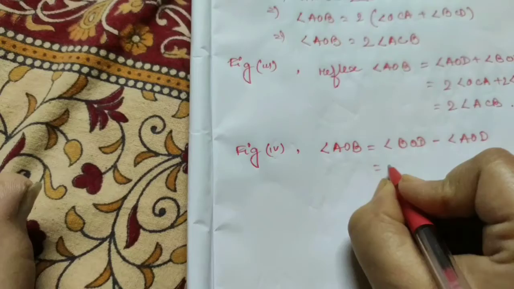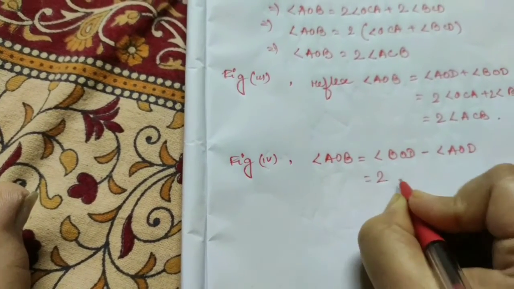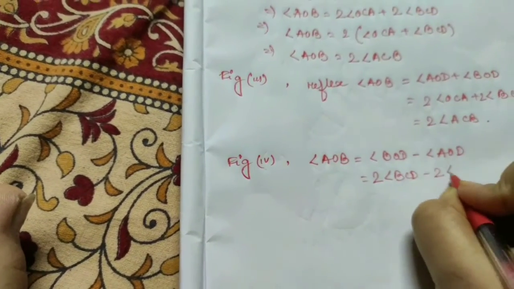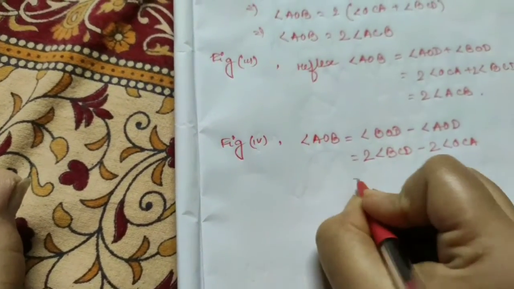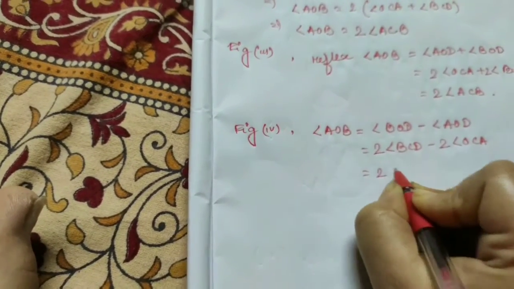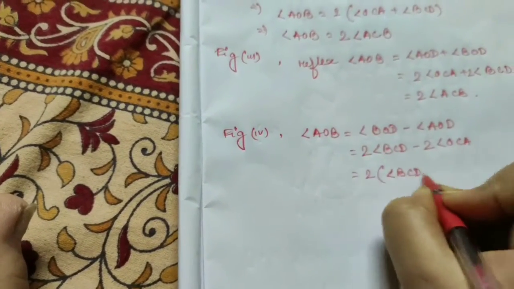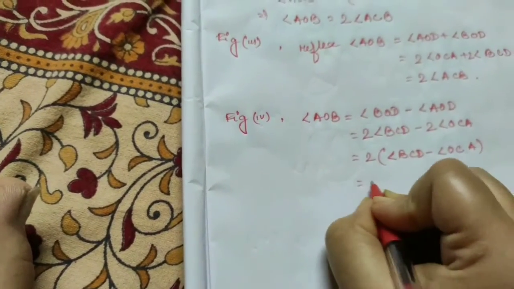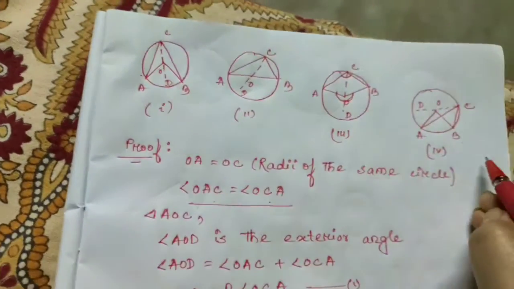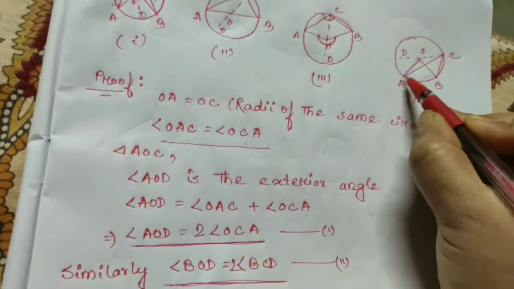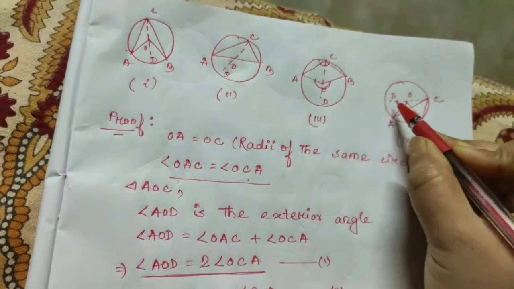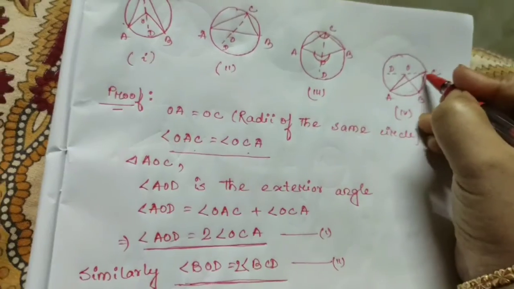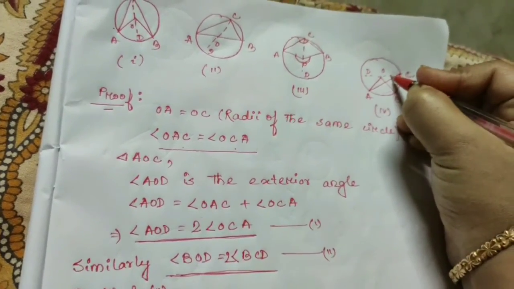Now I am putting twice of angle BCD minus twice of angle OCA, that is equal to twice of angle BCD minus angle OCA, that is equal to, for figure 4, BCD minus ACD, I am subtracting.